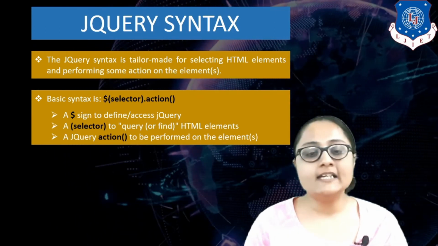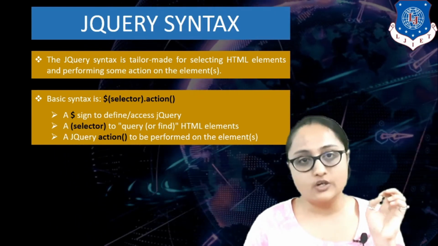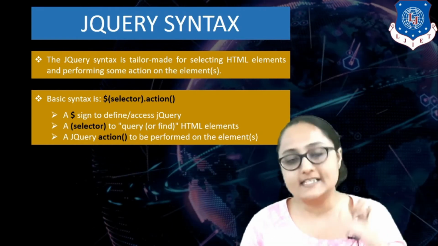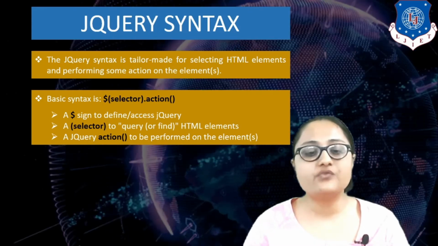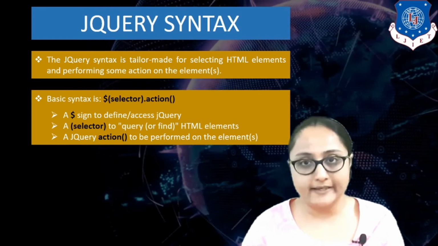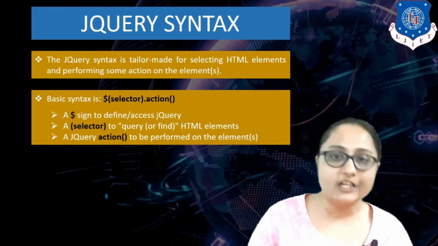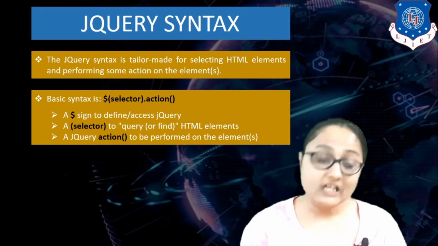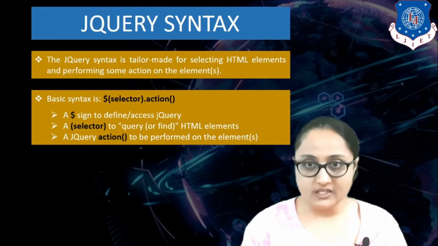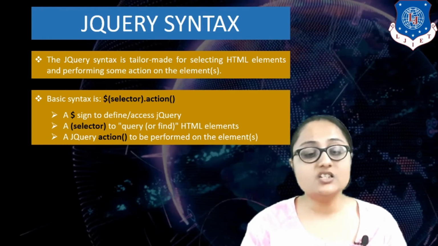The dollar sign is used for defining, or accessing, jQuery. The selector is for finding the HTML element. It is basically the query to find the HTML element. What you want to select, you specify in the selector. And the last is the action.